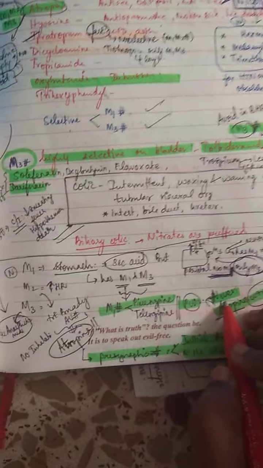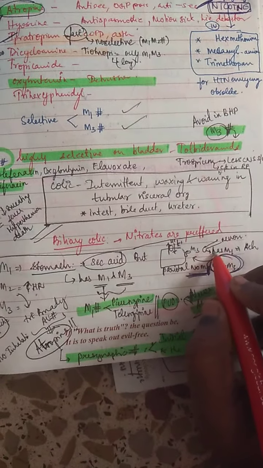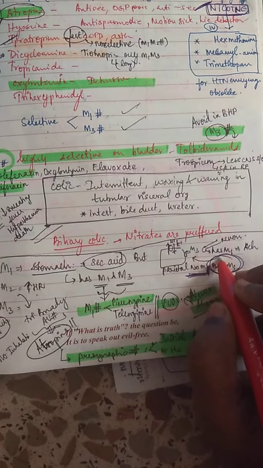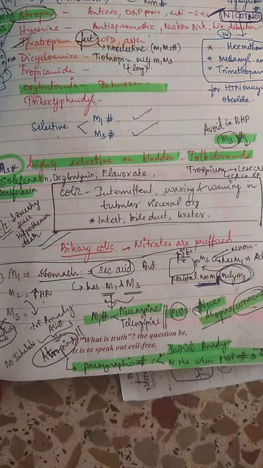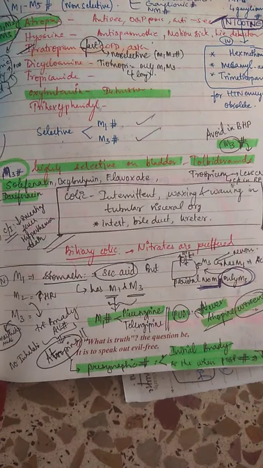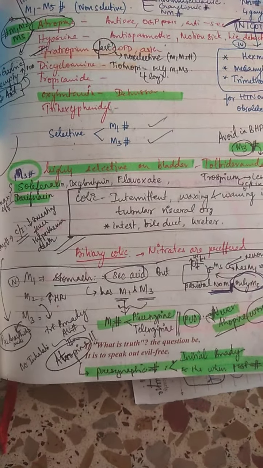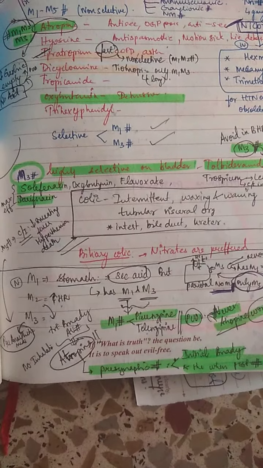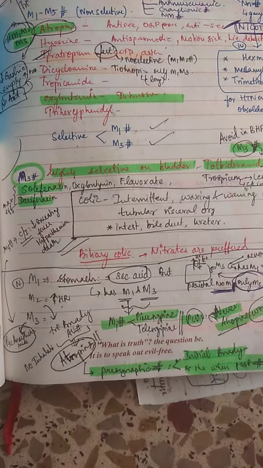Atropine will worsen it, because atropine inhibits M1, M2, M3, and all these things are being reduced in the case of atropine. So I think, one second, I will just show.